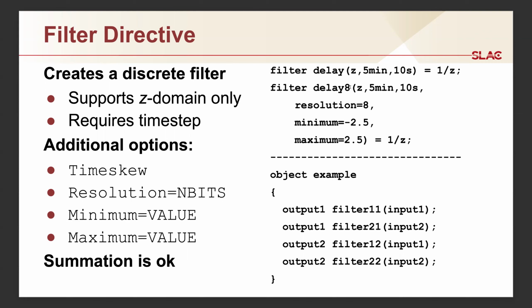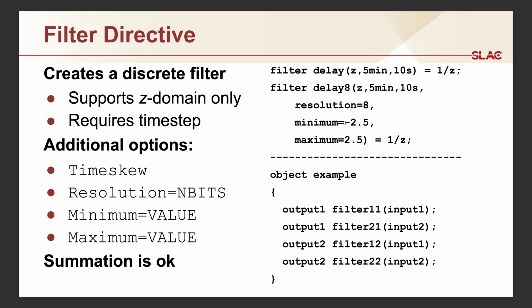Here's another example of a delay with additional specifications. And in this case, it includes a low resolution specification, an 8-bit value, meaning that the filter is going through something akin to an 8-bit analog to digital converter. And it also has minimum and maximum thresholds.